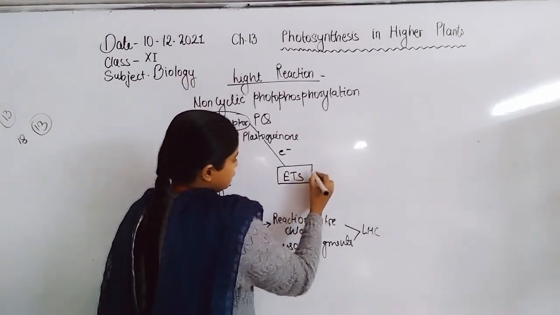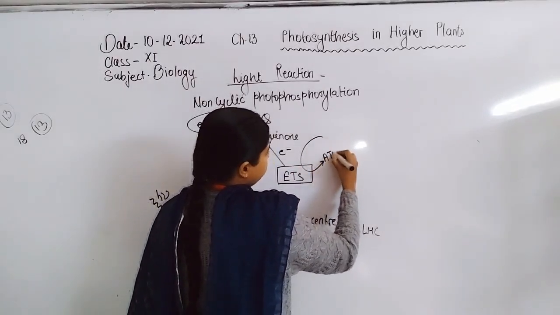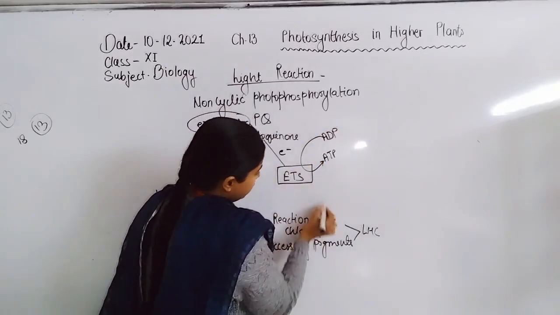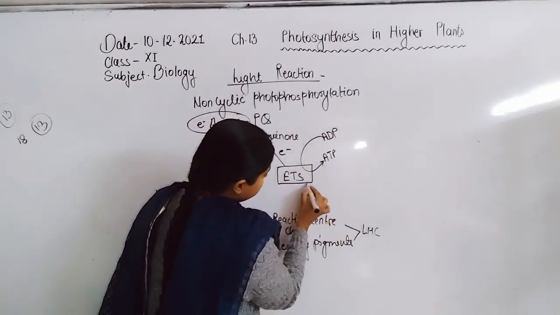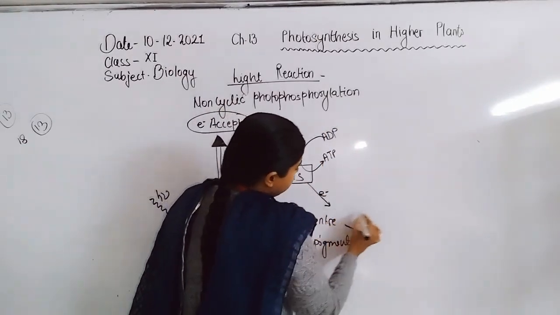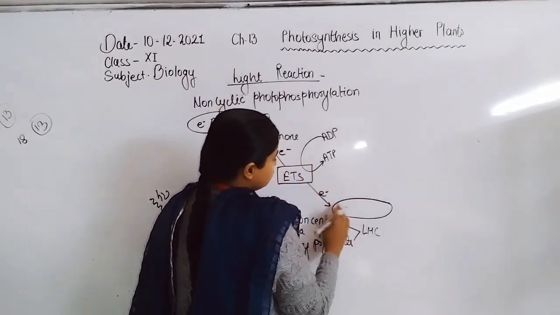The electron transport system synthesizes ATP from ADP with the help of the electron gradient. Again, the electron transport system transfers the electron in a downhill manner, which is received by photosystem first.